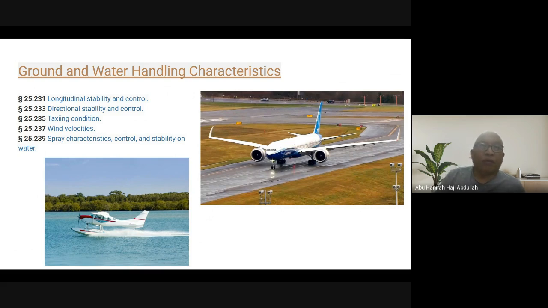We also need to check longitudinal stability and control, directional stability and control, whether you have your steering on the ground, and taxi condition, wind velocities, what is the minimum wind you're allowed to land, and spray characteristics. If you land on water, we should not allow the engine to ingest the water. So that's why you also need to test the spray characteristics, control and stability on the water.